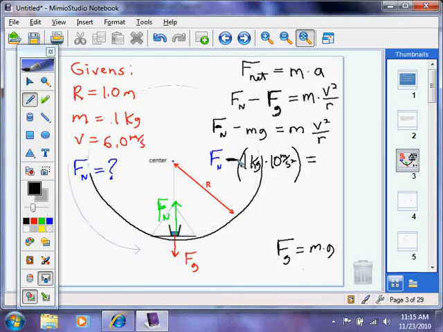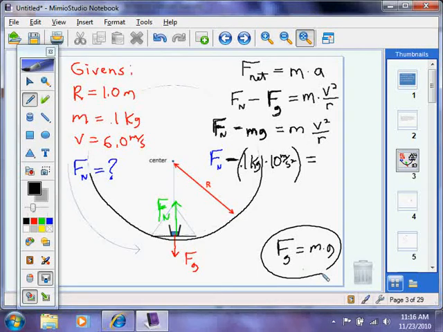The bottom line is it's the magnitude of the normal force, which is up, minus the magnitude of the weight force, which is down. That's why when we're using this formula here, we're usually just trying to get the magnitude of the weight force, so we don't use negative 10 in that formula there. That's a great question, by the way.